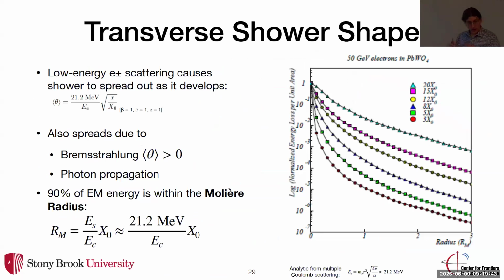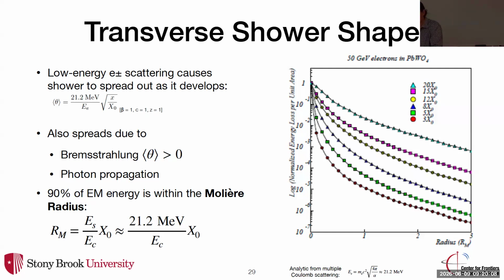And as it's traveling into the block, it's also spreading out. The average opening angle when we scatter an electron isn't 0, it doesn't go right forward, it deflects. And the opening angle of our e+ e- pairs from pair production is also non-zero.